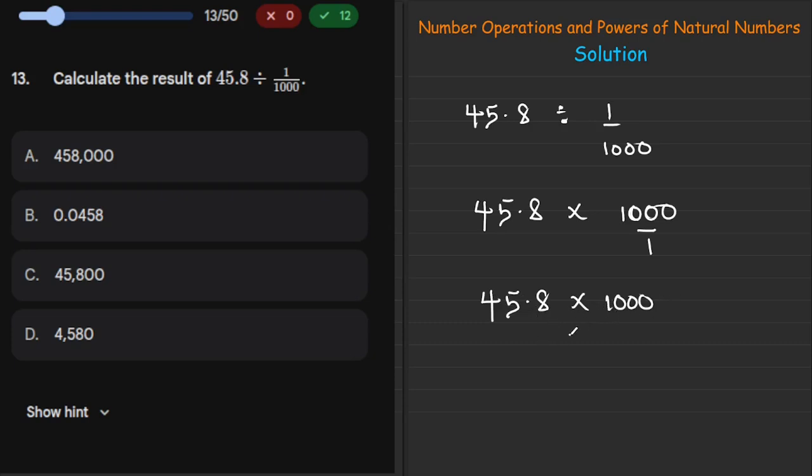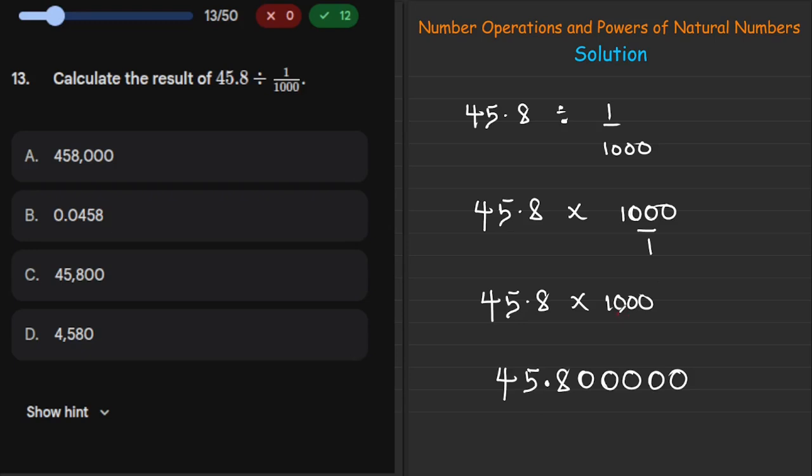Now if you are multiplying by these multiples of 10, all you need to do is to move your decimal point the number of zeros you have over here. So we have 45.8. Knowing our expected answer, you can bring these zeros as placeholders. They don't change the value since you still have your decimal point here.